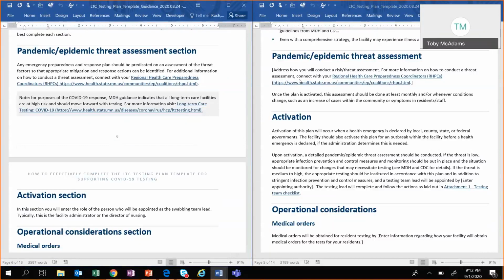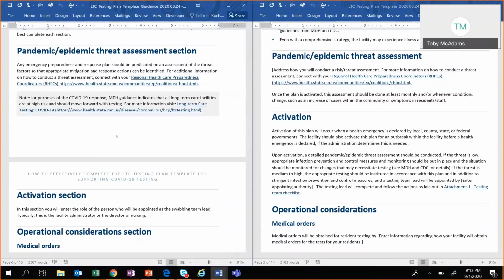Many of you, hopefully all of you, have gone through a hazard vulnerability analysis, an HVA, where you have done an assessment on what are the threats within your community that would impact or disrupt your services as part of your facility, whether it's an electrical outage, flooding, etc. Those HVAs are assessments, and that's what we would do here too for your testing plan.